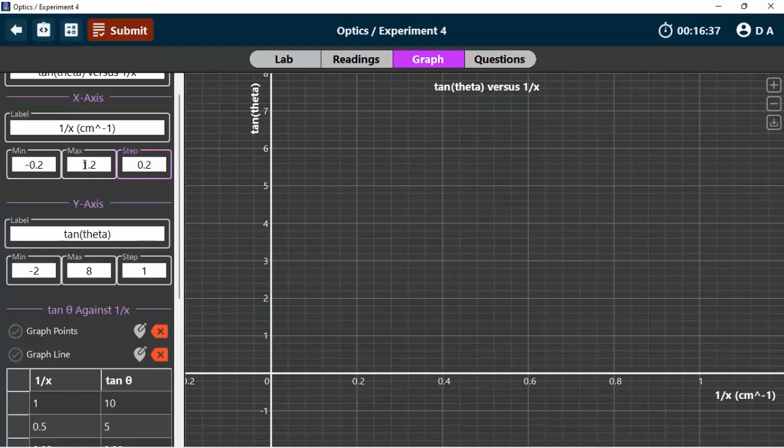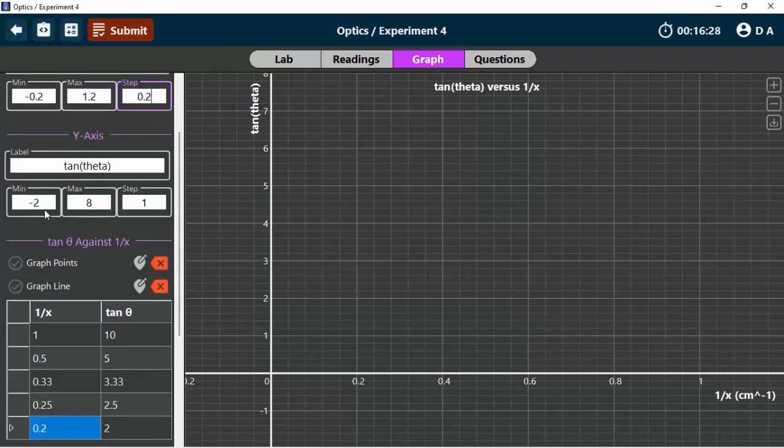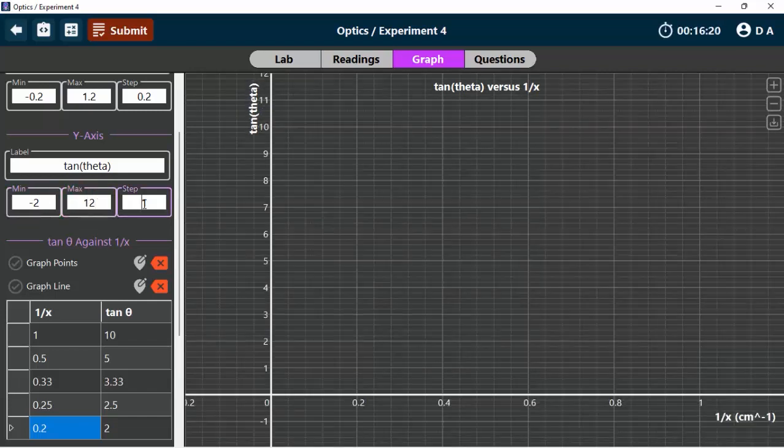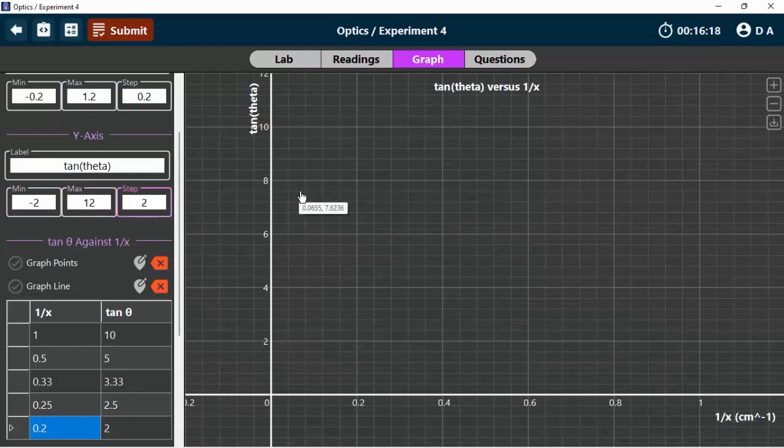As I said earlier, you are not expected to stop at 1 at the maximum because you need to give an extra space. Then for the y-axis, you want to start from -2, then stop at 12 with a step of 2. So this is the scale on the y-axis.